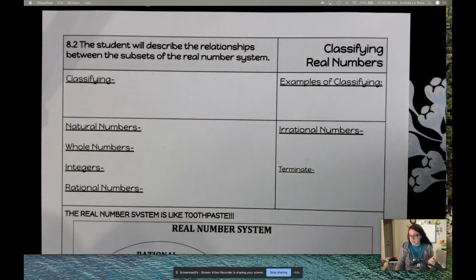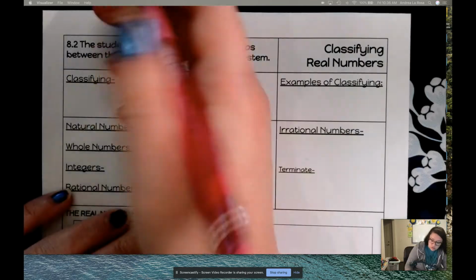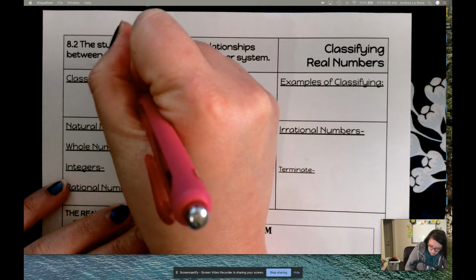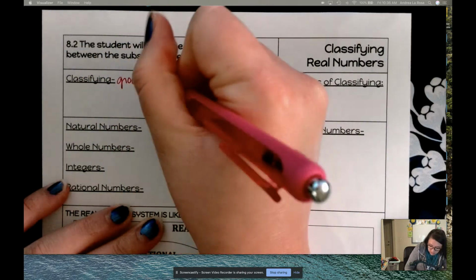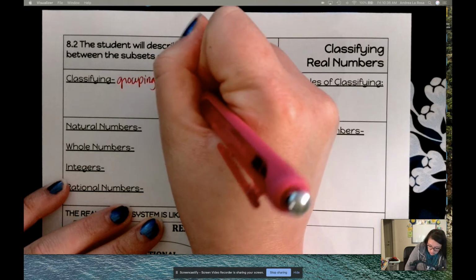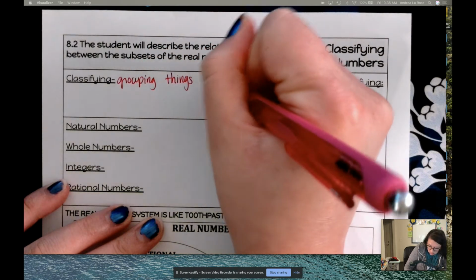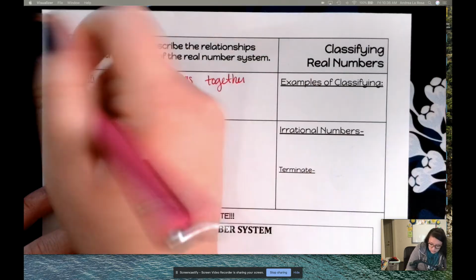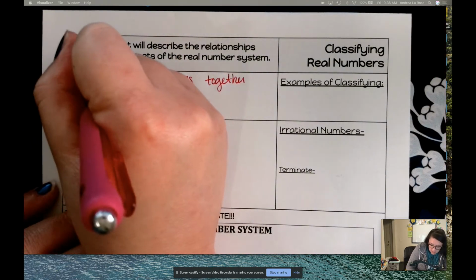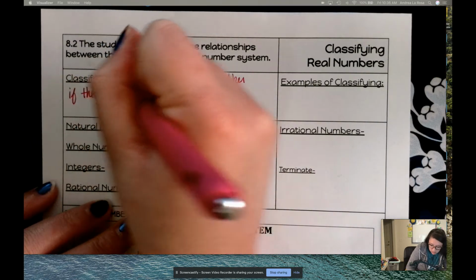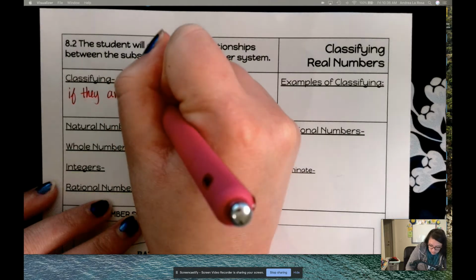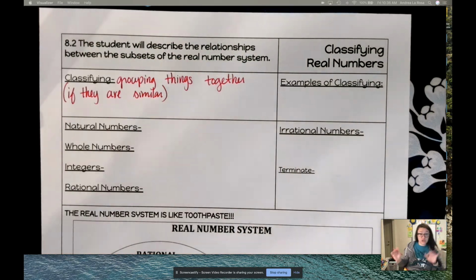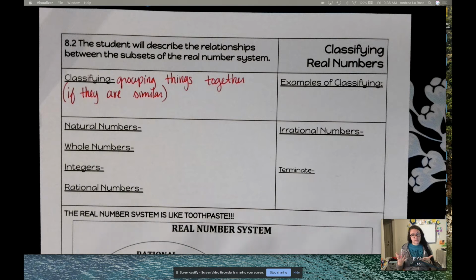So, what classifying is, is grouping things together if they are similar. We're not just going to group everything together, only if they have similar characteristics.